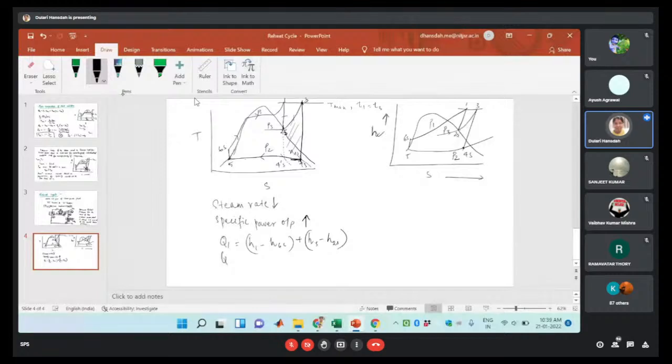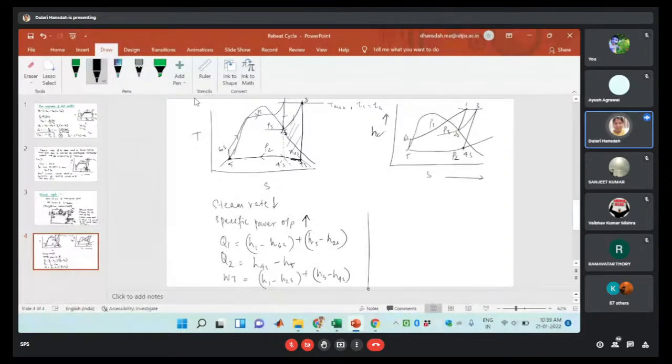Similarly, your heat rejection in this case will be H4S minus H5. Similarly, your turbine work in the case of the two stage: first stage is H1 minus H2S plus H3 minus H4S, right? This is your turbine work output.